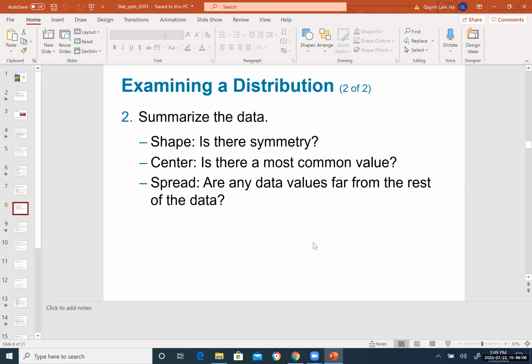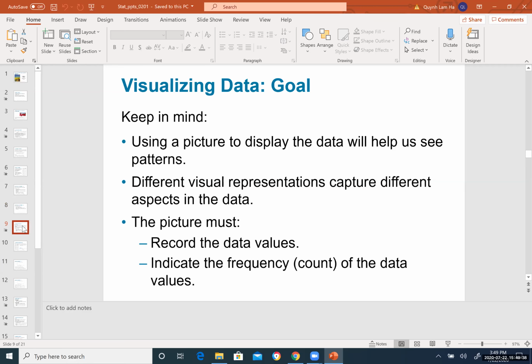That set of data has a small spread, because all the data values are close to each other, compared to the first ice cream example. But don't panic, because later we will have a lot of examples related to this, and you don't have to worry about it too much. But please keep it in mind all the time and understand every single slide as best you can.